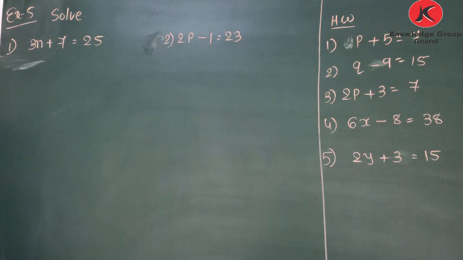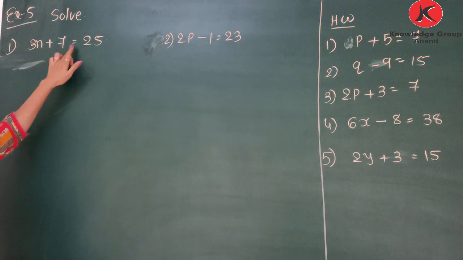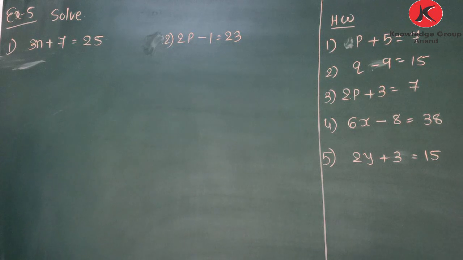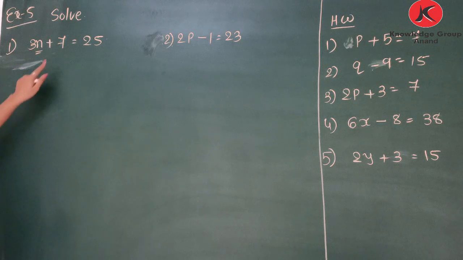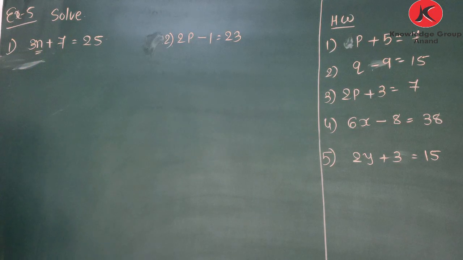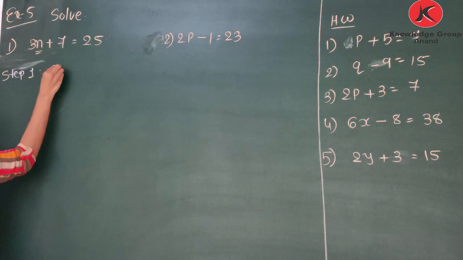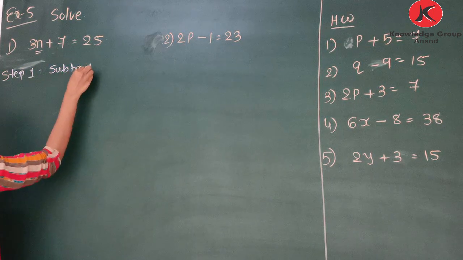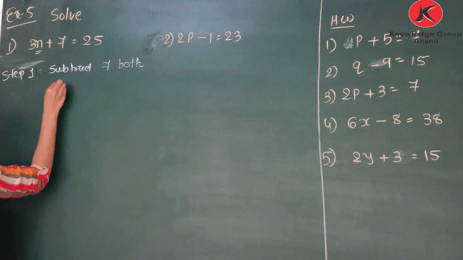Example 5 that is given in your textbook. So here first 3n plus 7 is equal to 25. What do we need to find here? n. So we need to first start from the inverse function of plus 7. Inverse function of plus 7 is minus 7. So step 1, subtract 7 both sides.